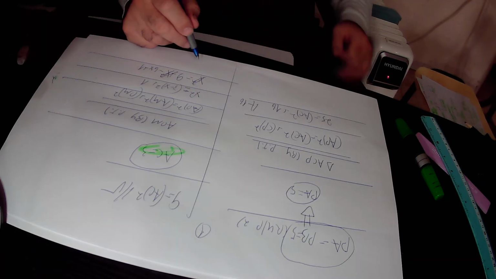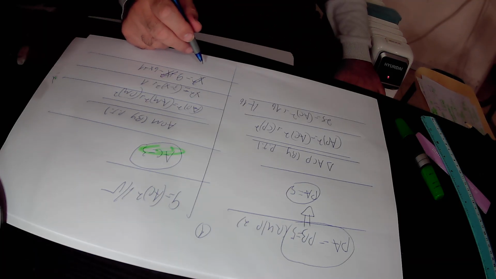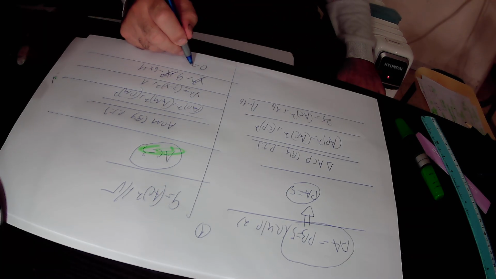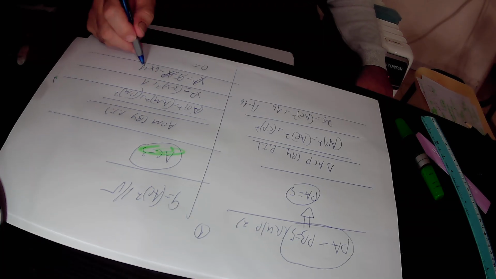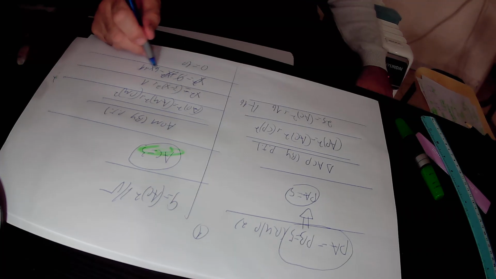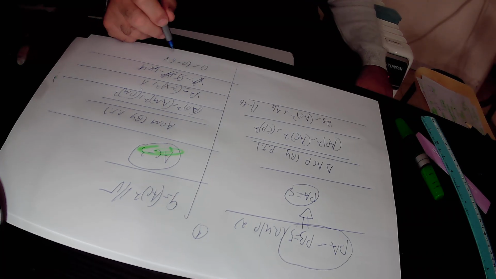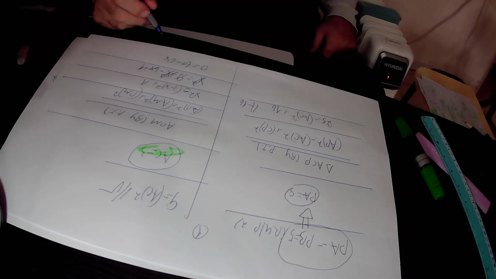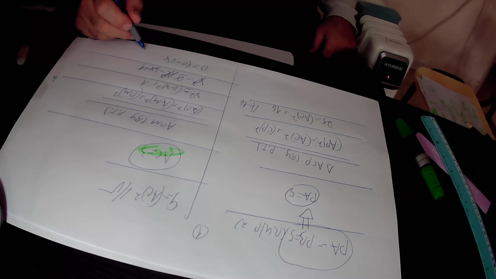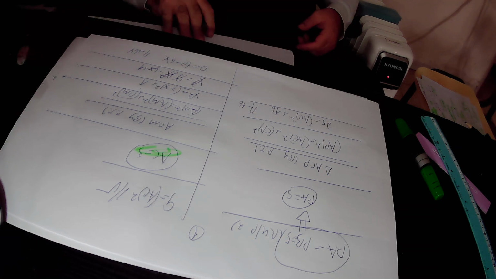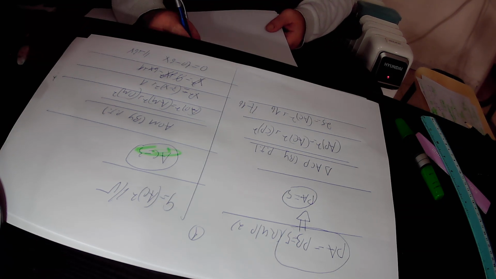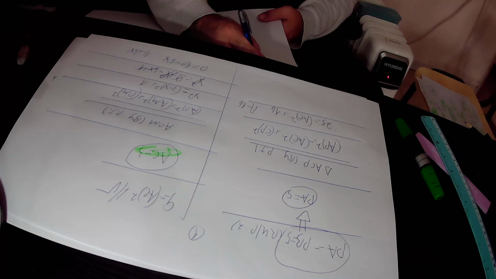After we cancelled x squared, on this side of the equation we are left with 0, while on the other side we have 9 plus 1, that is 10, minus 6x. So in total, we found that 0 equals 10 minus 6x. Here we add 6x to both sides, and get that 0 plus 6x is 6x, equals 10.